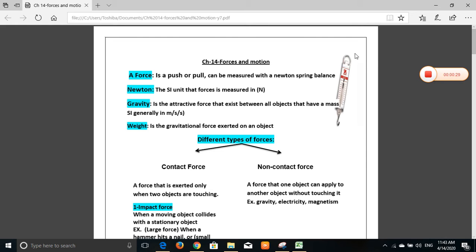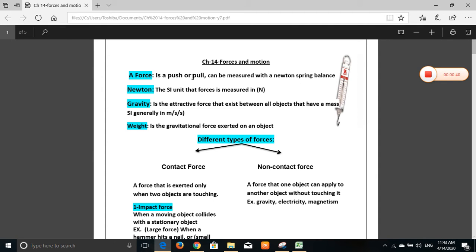The tool used to measure force is called a Newton spring balance. What is meant by Newton? Newton is the standard international unit. SI, capital SI, means standard international unit. Force is measured in Newtons, and the abbreviation of Newton is capital N.